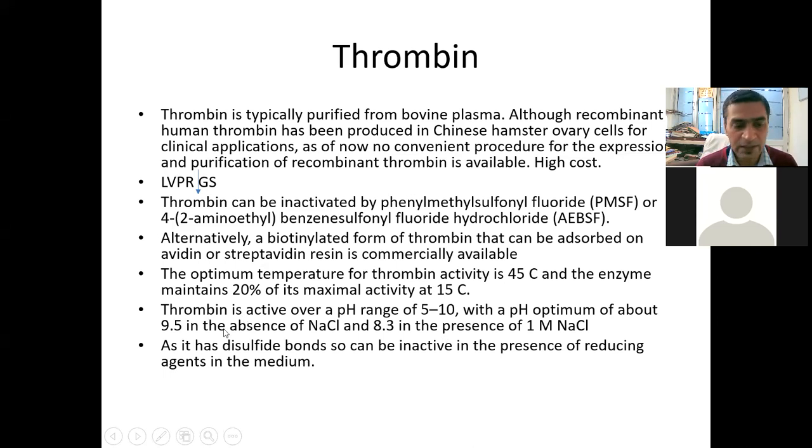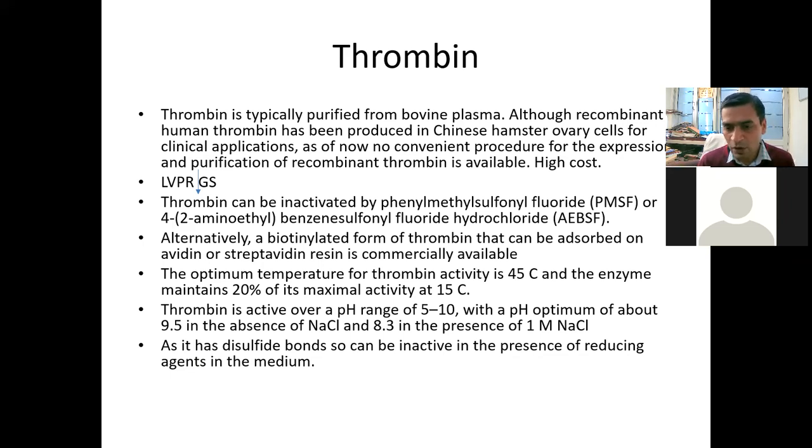Now, another important point is that as it has disulfide bonds, it can be inactive in the presence of reducing agents in the medium. What usually happens is, when you have purified your protein by following a series of chromatographic methods, then you want to cleave off the fusion partner.